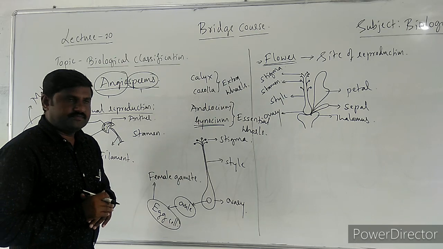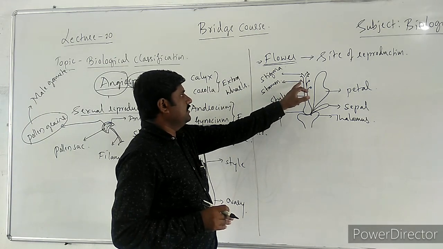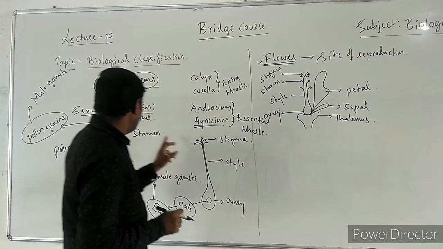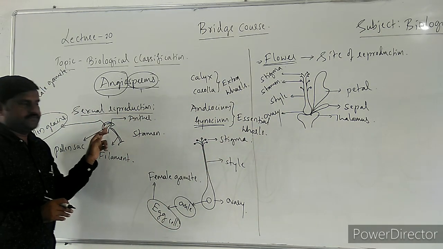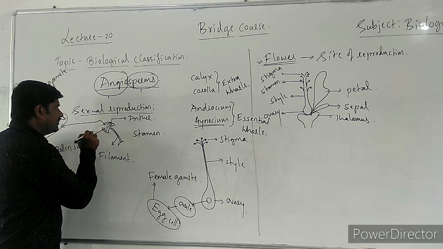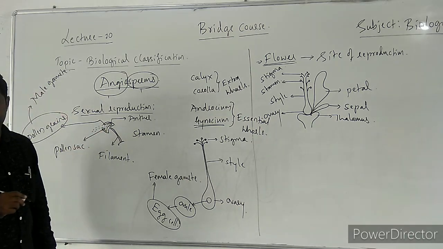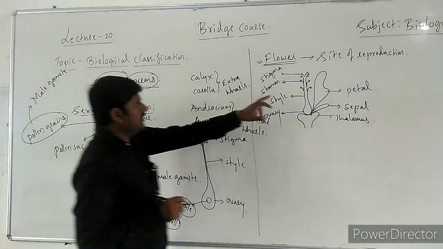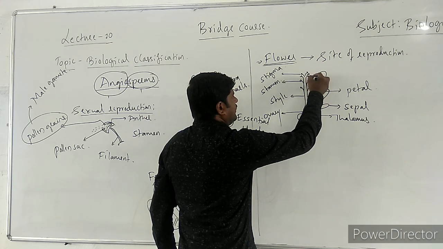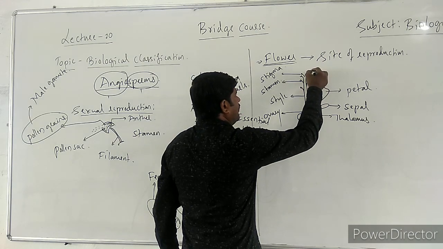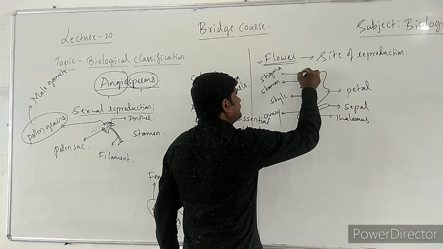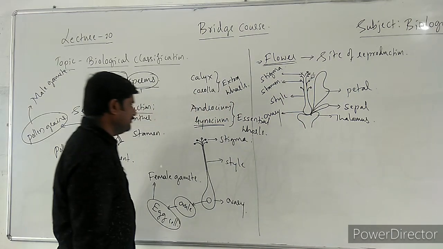Whenever these stamens mature, the anther lobe ruptures. When the anther lobe ruptures, all the pollen grains come out, and they fall on the stigmatic surface.